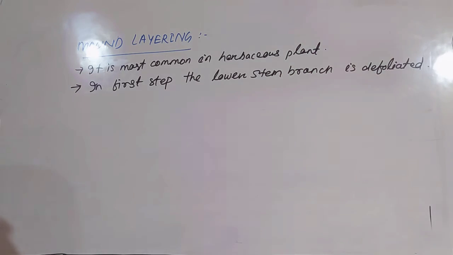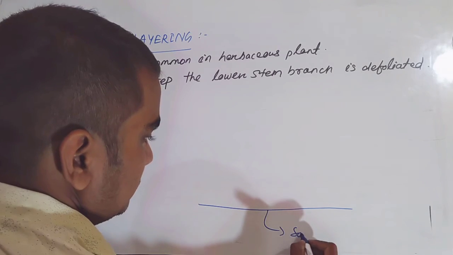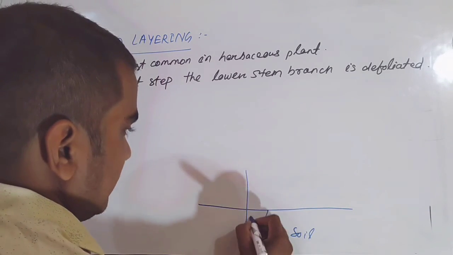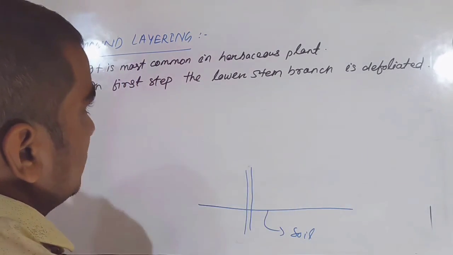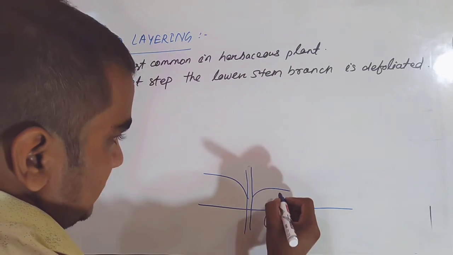Suppose this is soil and this is the herb plant above the soil surface.